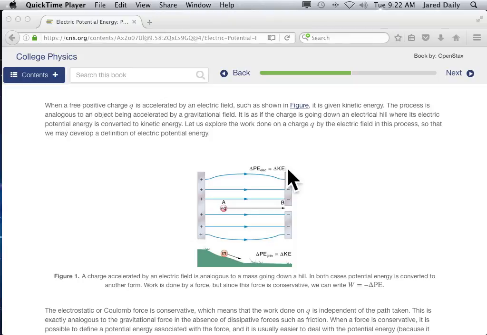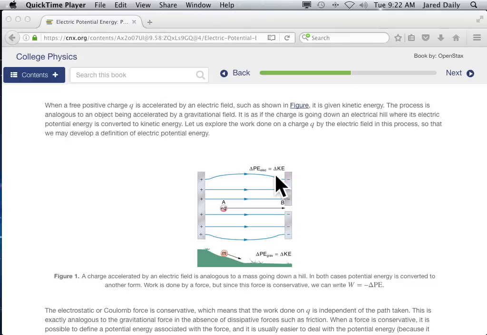Then this equation is the conservation of energy equation. And that works both for gravity and electricity, it turns out. So what that equation means is that if our kinetic energy is big, our potential energy has to be small, right? And if our kinetic energy is small, our potential energy has to be big. That's what that equation essentially means.